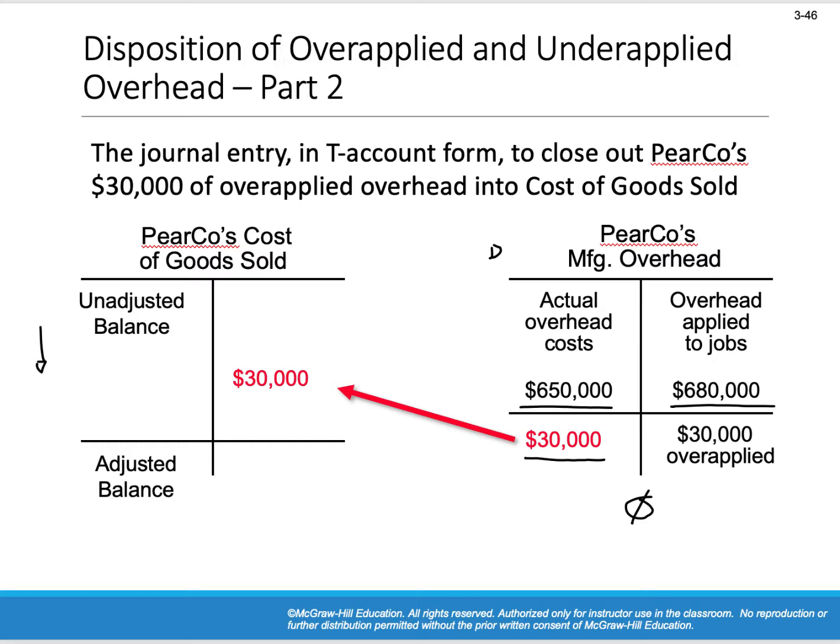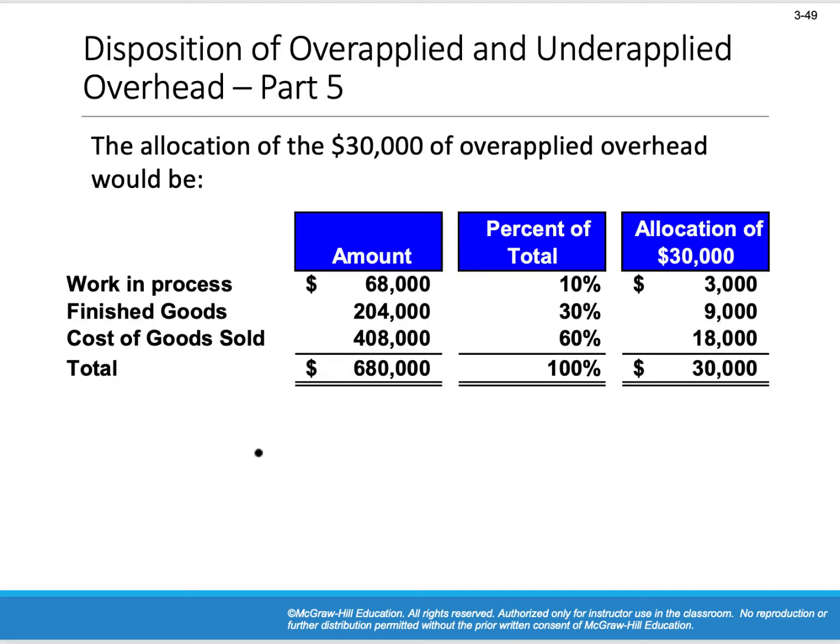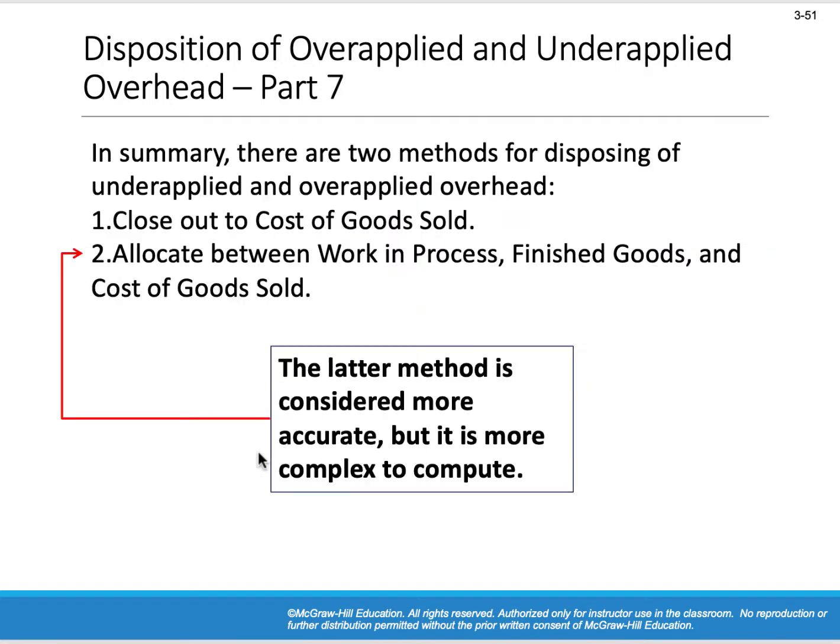When you read through the chapter, it talks about disposing of any over or under applied using the three inventory accounts: work in process, finished goods, cost of goods sold. It's right here. Don't worry about that. I'm not going to have you do it. I think it just adds the complication. If you hit the cost of goods sold, that's fine.